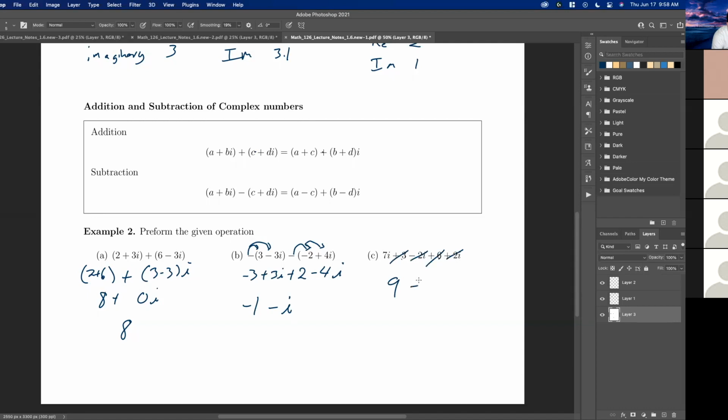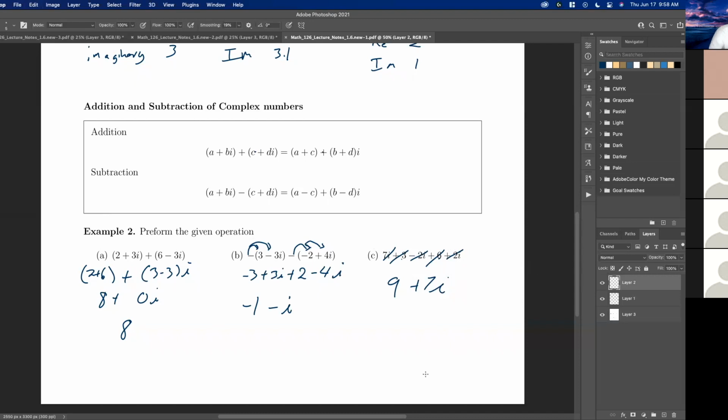And then I'm just left with the 7i. So here I've used all my terms. Sometimes it's not amazing to cancel, but if you're using a digital format, after you cancel everything, you can just erase all your cancellation marks and see if you get back what you want.